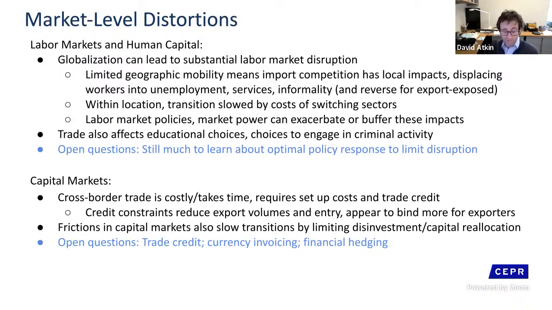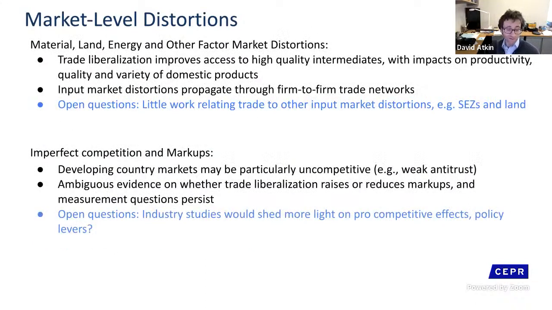You have to invoice in US dollars or potentially euros. That means you're facing a lot of additional risks, and we're only starting to learn about what that may lead to, and also financial hedging, the availability of those services or lack of availability, and how that may make the gains from trade larger. These are areas where I think we need a lot more work.